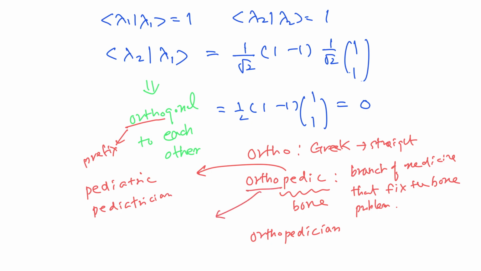Another word came from ortho is orthodontic. This means teeth. The orthodontist is 교정. Orthodontist is the practitioner who is fixing your teeth. And dentist actually came from that word.